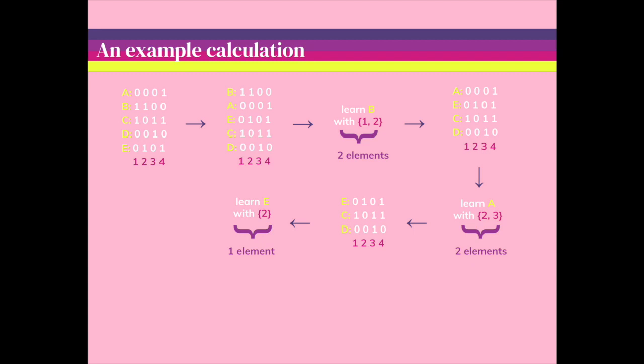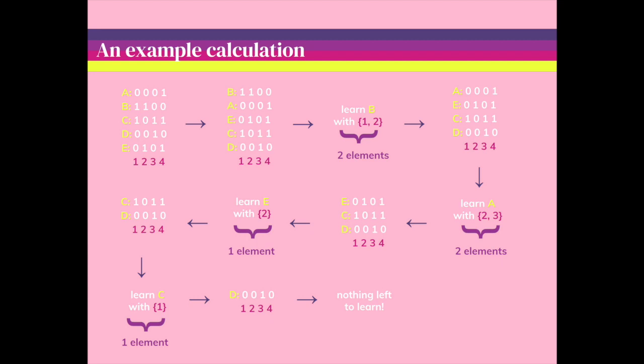Then we eliminate E from our set, leaving us with just C and D. Now we're going to learn string C, and we can learn it with, again, just 1 element, position number 1. Because C has a 1 and D has a 0, you can distinguish C from D using this position. Then we eliminate C. We're left with just 1 string, and so there's nothing left to learn.